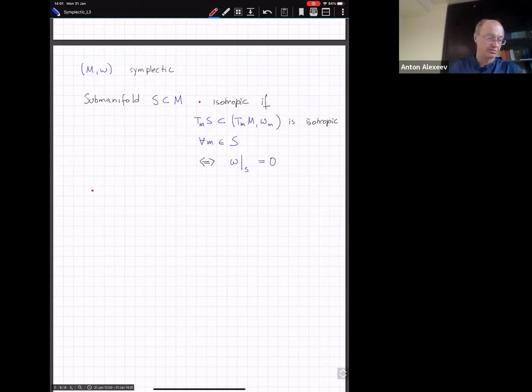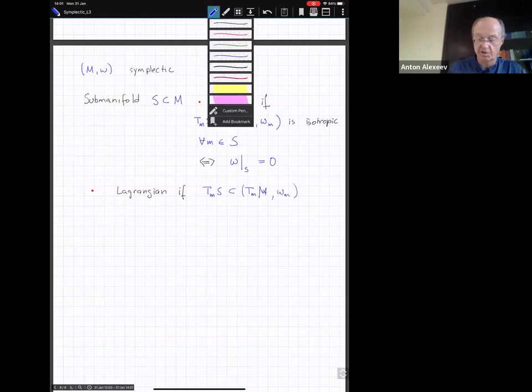Of course, it goes on in the same way. So we say that it is Lagrangian if T_m S, inside T_m M, is Lagrangian.